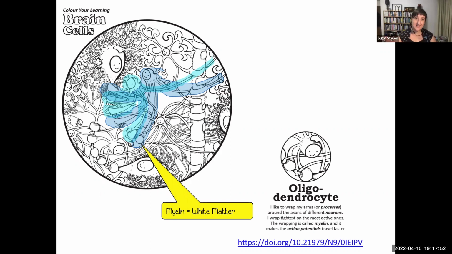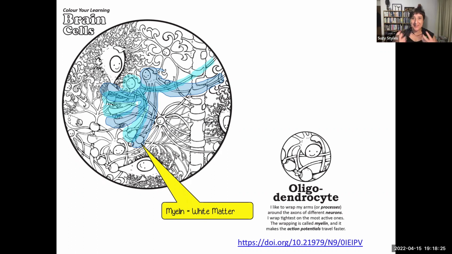So when they detect axonal firing, their arms or processes will stretch out in that direction and begin to wrap themselves around the axon, and they will continue wrapping and wrapping until that bundle becomes a very, very thick, very tightly wound, fatty layer on the outside of the axon. And it's this active cellular process that generates the myelin in the brain across developmental time.